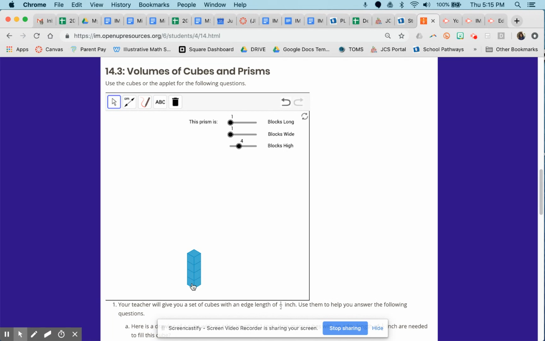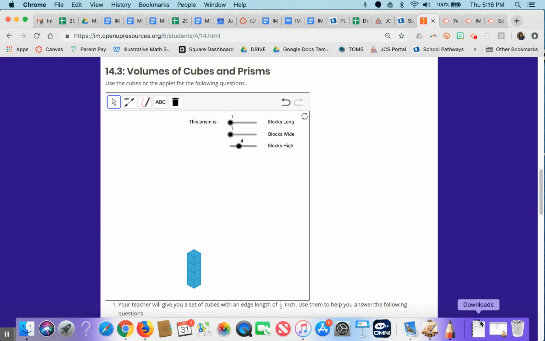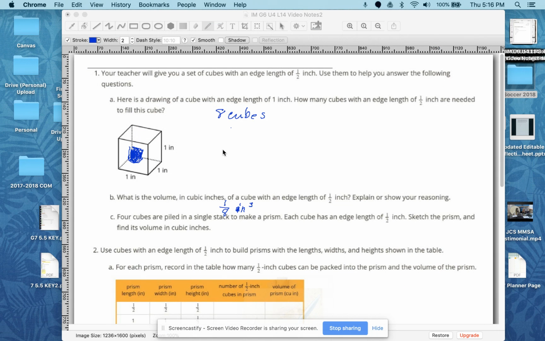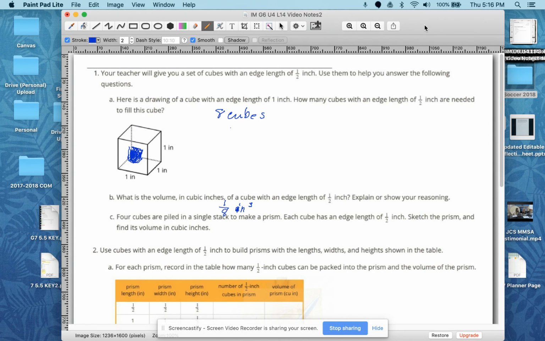Well, we know the volume of one of the half-inch cubes is 1/8 cubic inch. So if I have 1/8 cubic inch plus 1/8 cubic inch plus 1/8 cubic inch plus 1/8 cubic inch, I can find the volume of that prism. The other thing I can do, instead of adding 1/8 over and over again, is I can multiply.